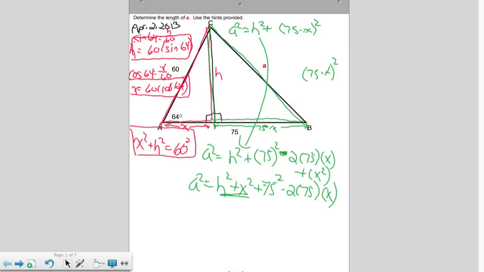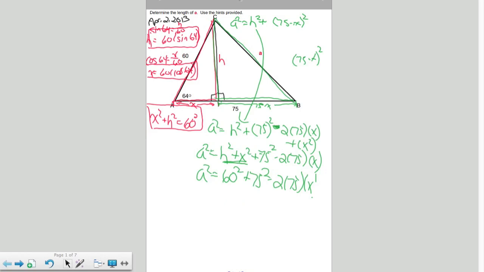So I'm just going to replace that. So a squared is equal to 60 squared plus 75 squared minus 2 times 75 times x. It was a little trick there: I got rid of 2 variables because I know the sum of the squares of both of them gives me 60 squared.